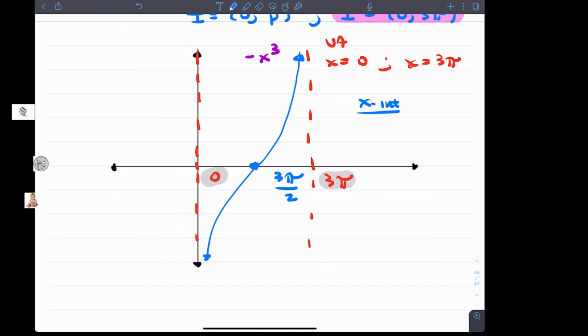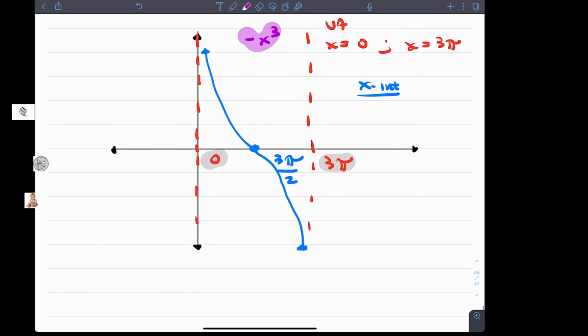It's periodic. Ah, thank you. You're awake. Negative x cubed. Good job. Just testing you guys, just seeing if you're awake. Okay. All right, you guys okay with this?